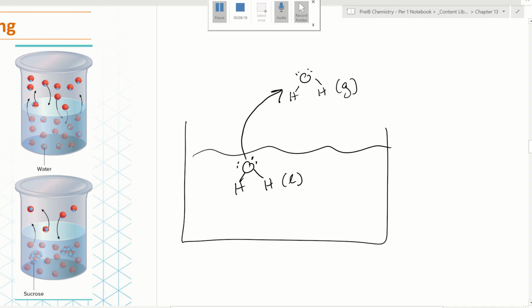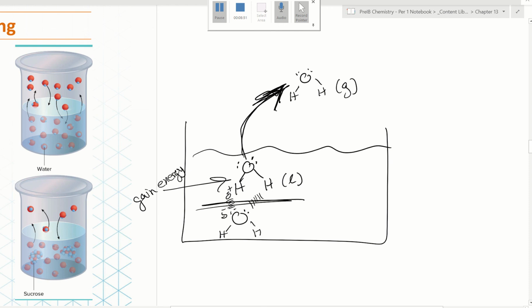In order for it to do that, this molecule right here has to gain enough energy to overcome the force of attraction that it has with other water molecules. Remember those intermolecular forces. This is slightly positive, this is slightly negative, and you have these intermolecular forces happening. In order for this water molecule to become a gas, you have to have enough energy to break this bond right here.